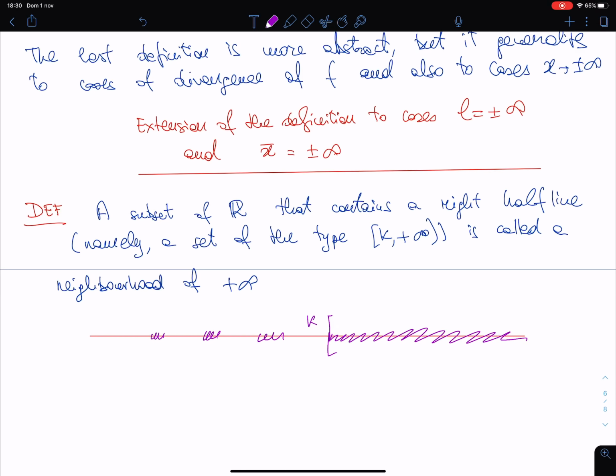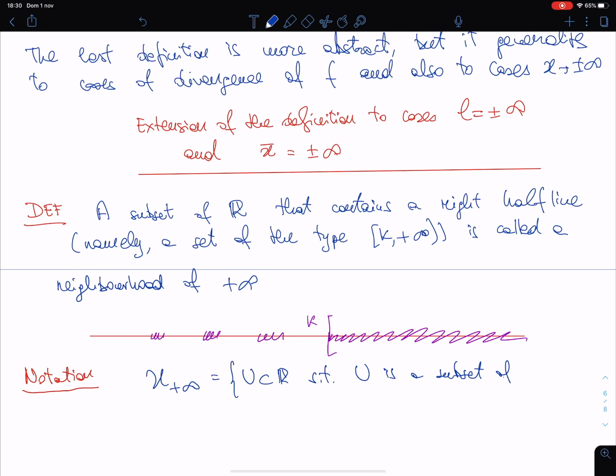And as before, a notation: U of plus infinity is the set of all neighborhoods of plus infinity. This is the set of the subsets U of R such that U contains a half line K plus infinity.